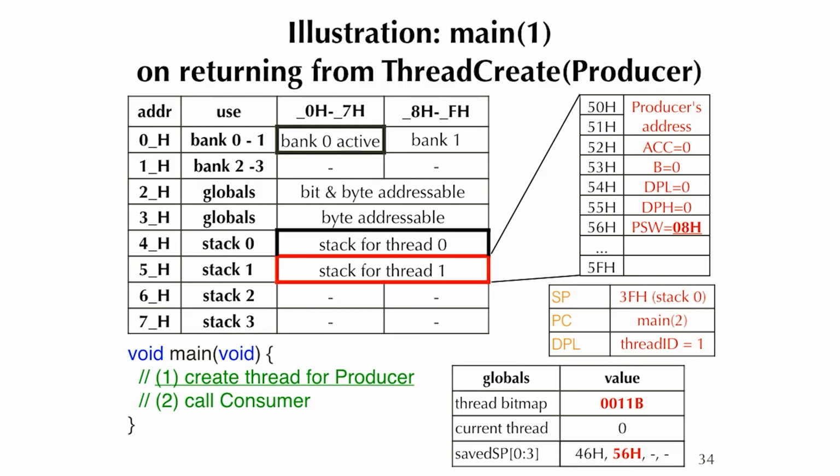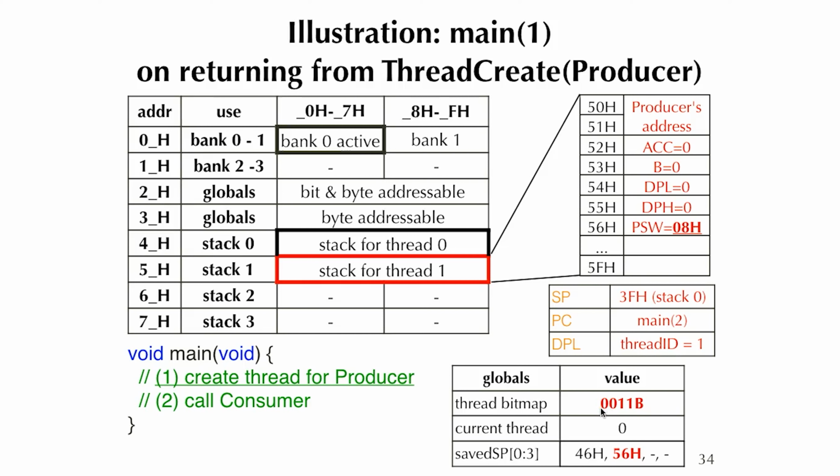So what does thread create have to do? Well, similar to what we did before, you need to use a stack. First, it has to pick a thread ID that hasn't been allocated. That's based on a bitmap, right? Before it was 0001, and the next unused one would be thread 1's bit.